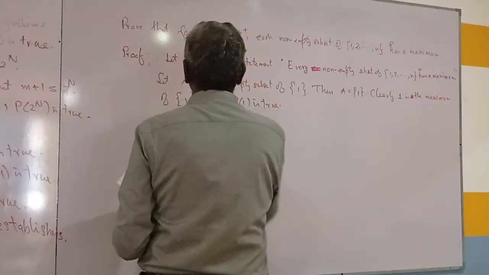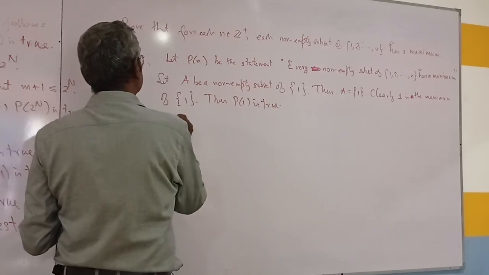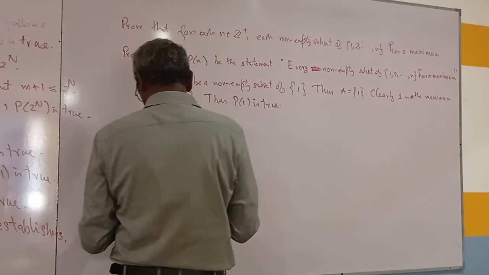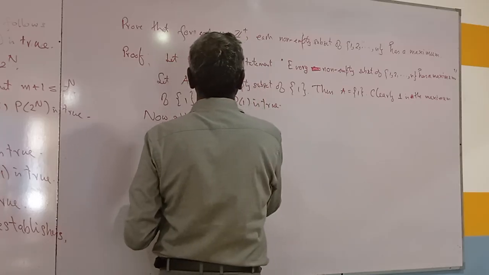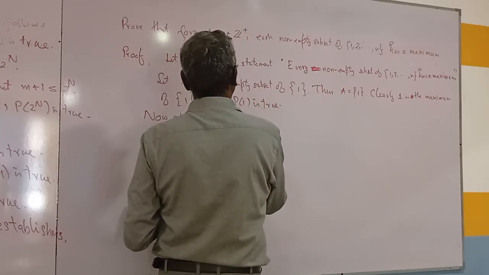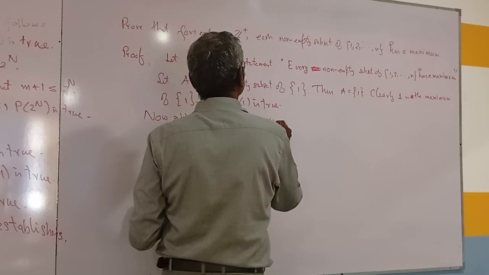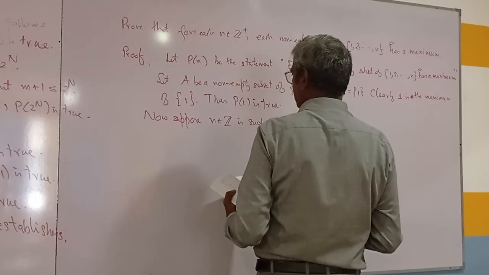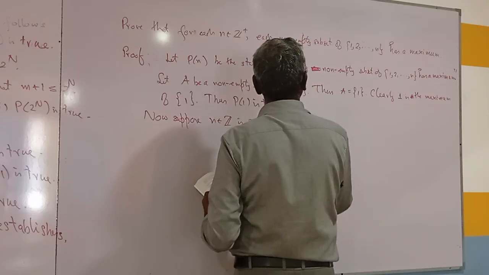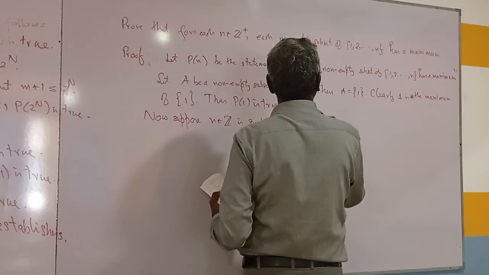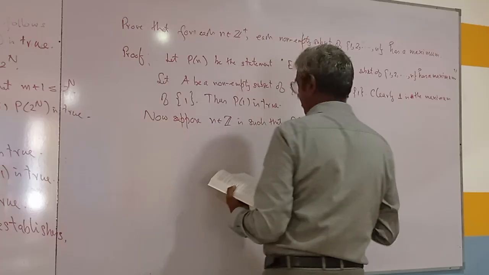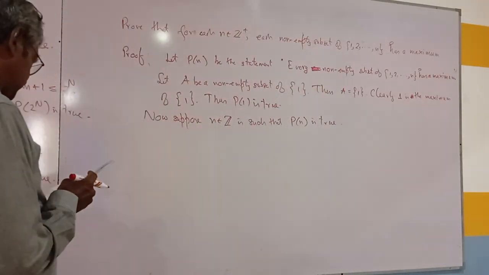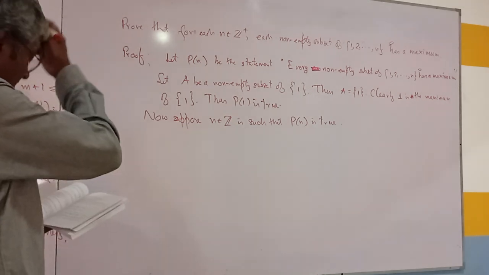Now suppose n belongs to Z plus is such that Pn is true. Right? Now I have to prove Pn plus 1.